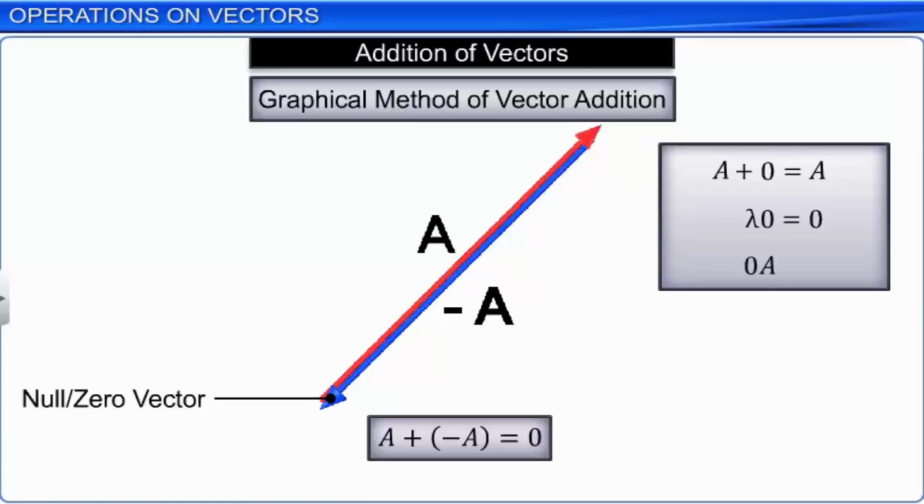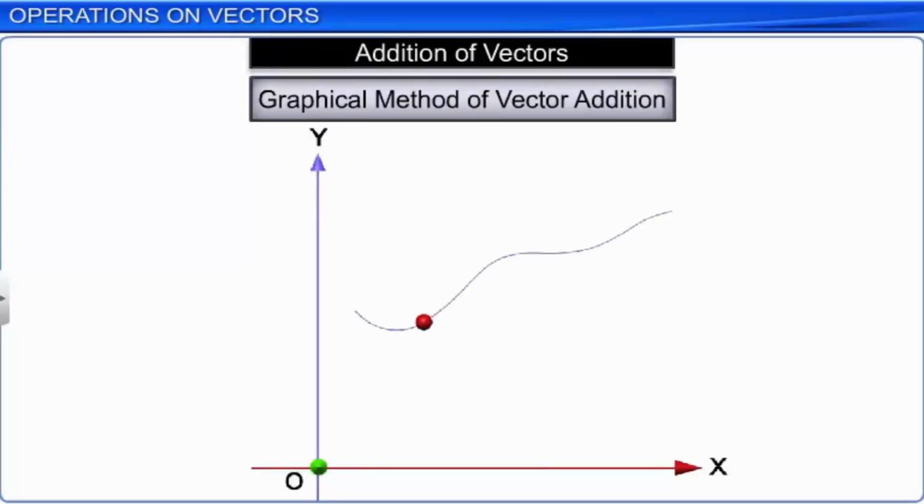Let's discuss the physical meaning of a null vector. Consider a body occupying position P with its position vector R at time t. From time t to t dash, it moves from position P to P dash. Its position vector at time t dash is r dash.